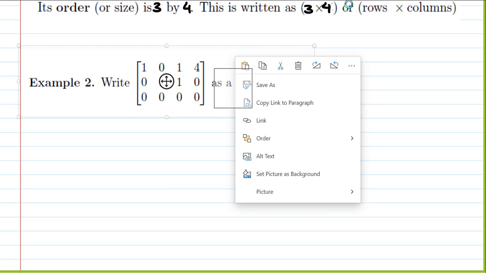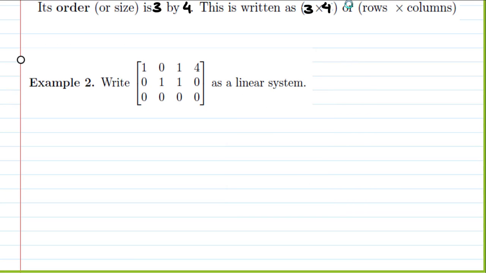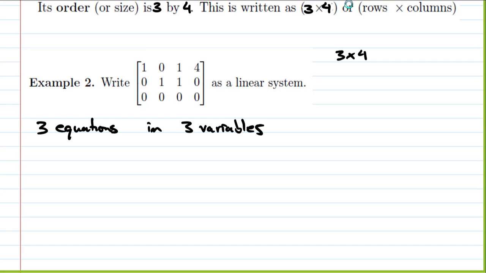Just like the example you just did, this has 3 rows and 4 columns, so it is a 3 by 4 matrix. So it's going to represent 3 equations in 3 variables, right? Because we get 1 variable for each column, plus our last one is going to be our constant.